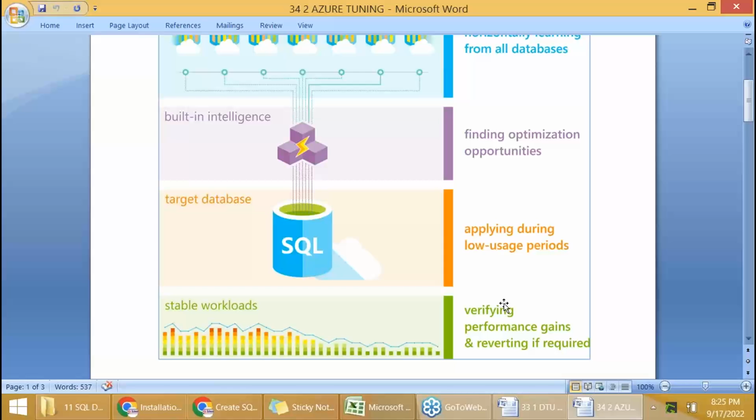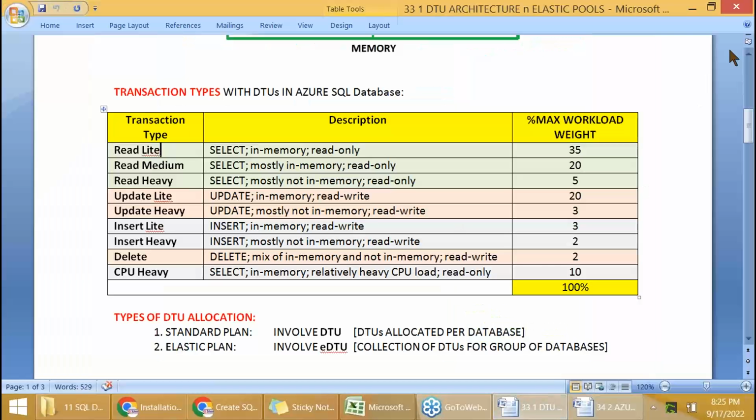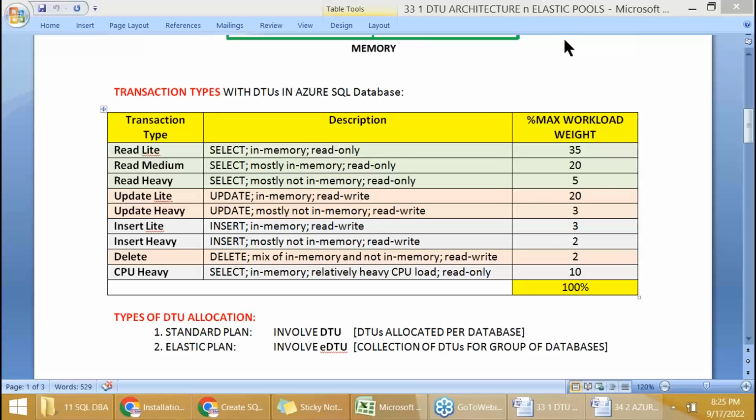My customer says small data, more time, big data, less time. What is this? There comes the factor of transaction types. Let's see what exactly transaction types are, what causes this problem, and what the solution is.